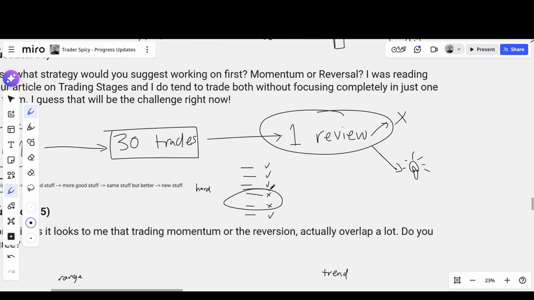Then if you do find trades where you broke your entry or exit rules, you want to come up with an input, something that you do, such that it's harder to deviate from your system, and such that if you were to take another 30 trades, the average number of mistakes you would make would be less than the first time round. That's it.